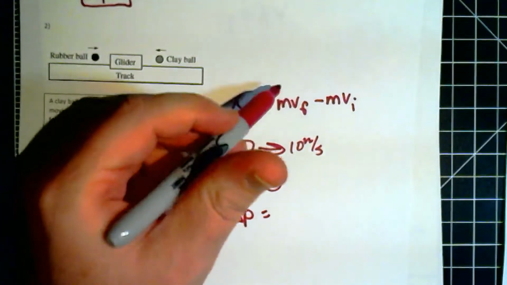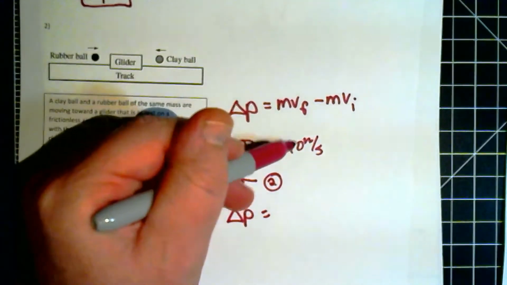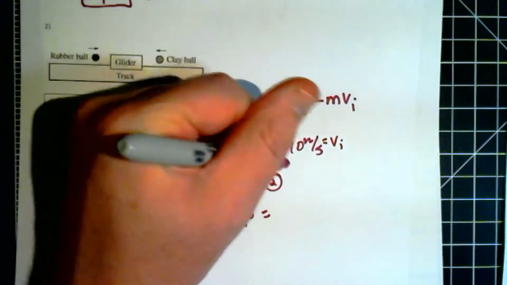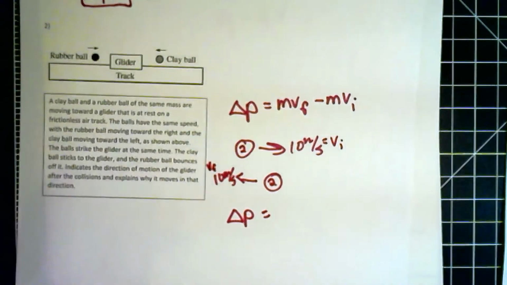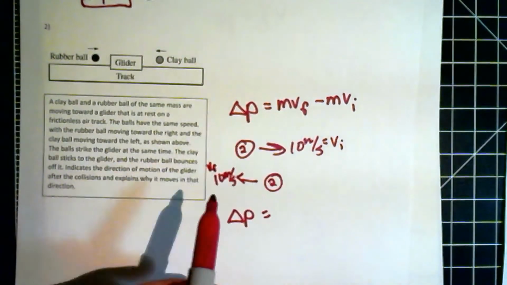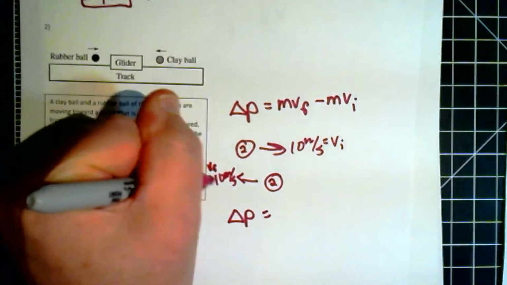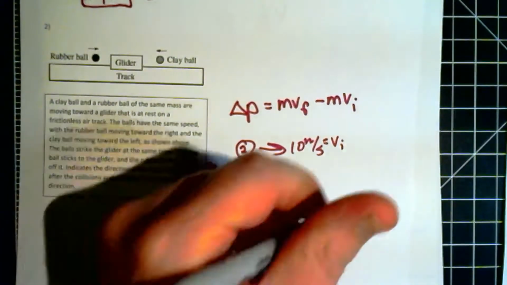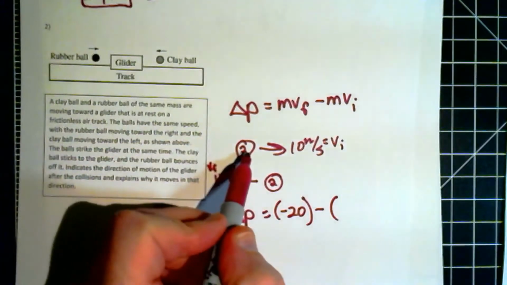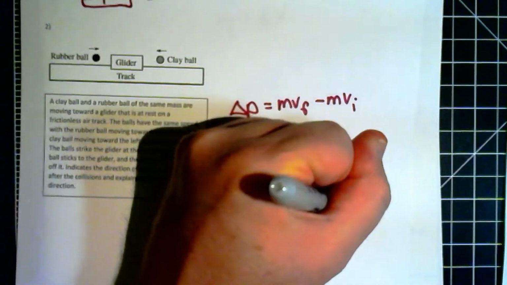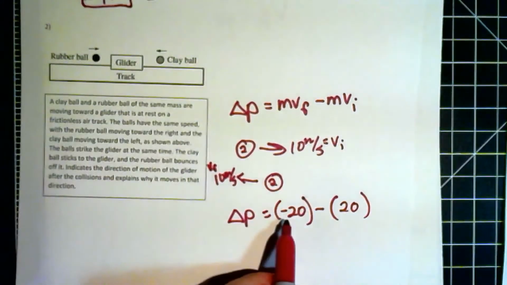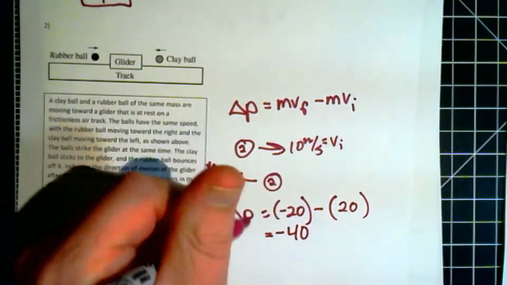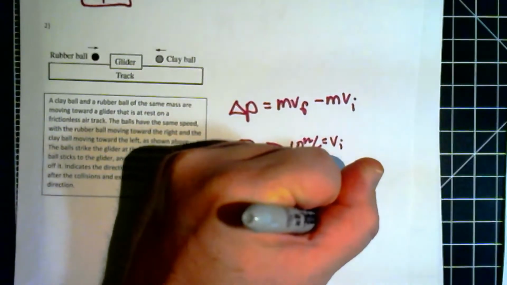This is my initial velocity right here, and this is my final velocity. So mv final would be 2 times negative 10, so negative 20 units, minus the initial, which would be 2 times 10, so that's a positive 20. So negative 20 minus 20 is negative 40 units of momentum, kilogram meters per second.